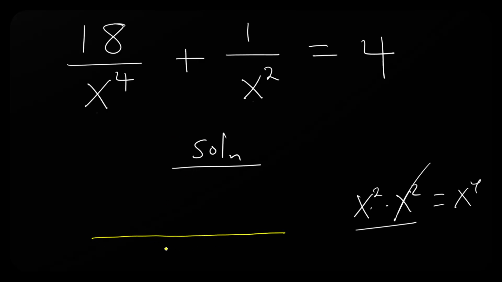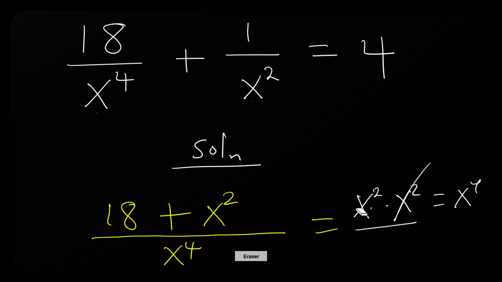That will be x to the power 4, because x squared will go into this one. So x to the power 4 into itself is 1, 1 times 18 is 18, plus x squared into x to the power 4 is x squared, times 1 is x squared, equals 4.